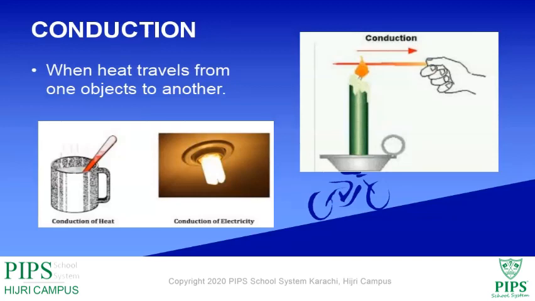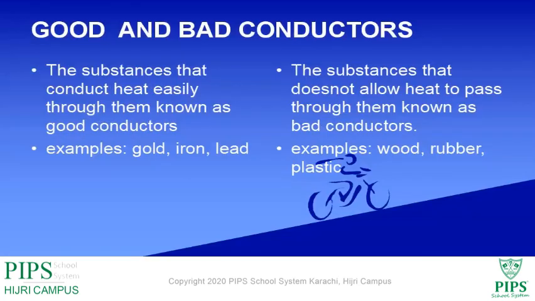Like you can see how heat can travel from one object to another, for example, a candle, a light bulb and boiling water. So heat travels from one object to another. This is known as conduction. Now look in your surroundings and see how many examples of conduction there are.